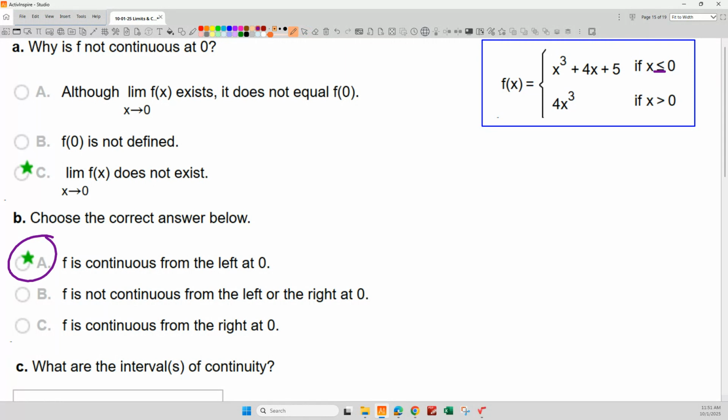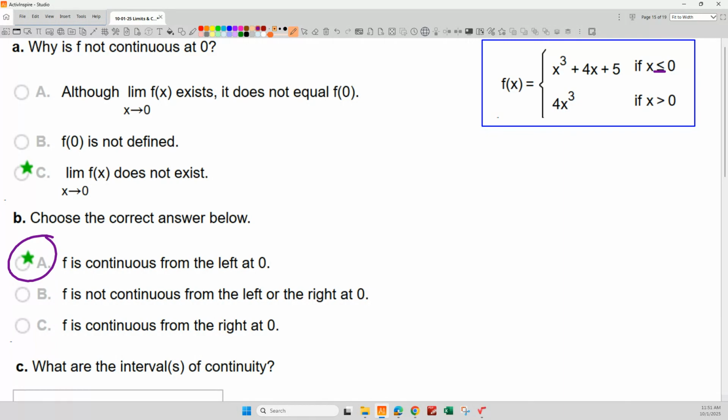So the limit from the left equals the value of the function at that point. That's not true from the right because as we approach from the right, we're approaching a value 0, but the value of the function is 5. So it's not continuous from the right. It is continuous from the left.